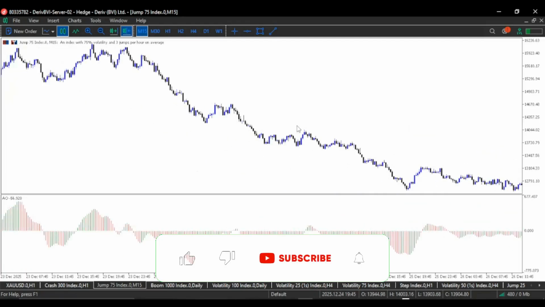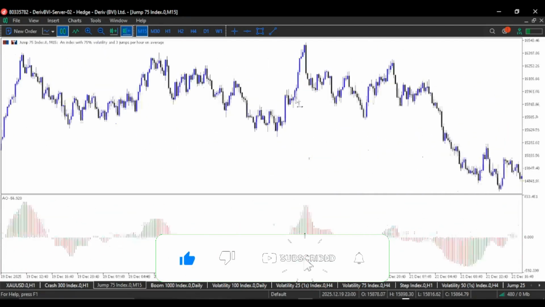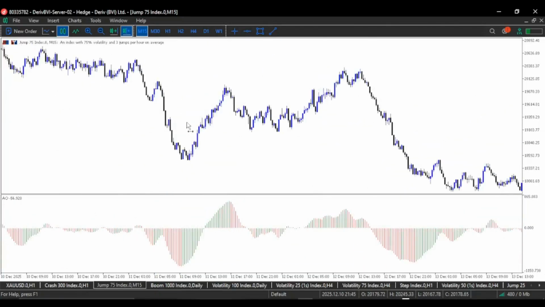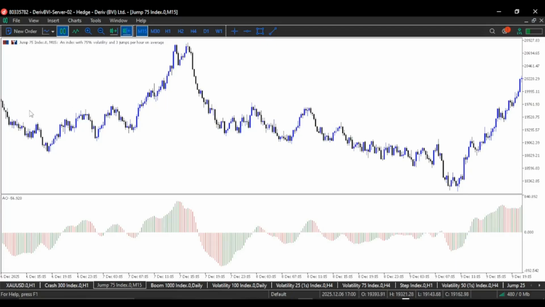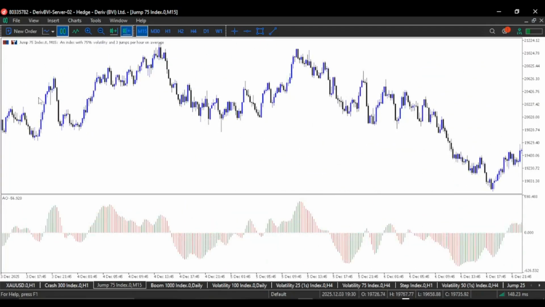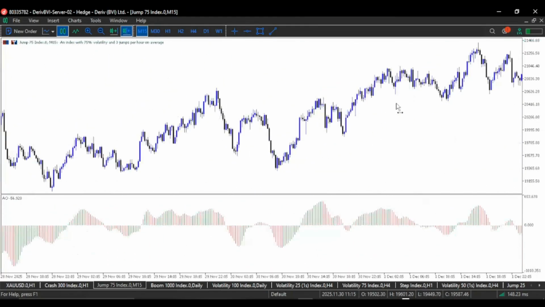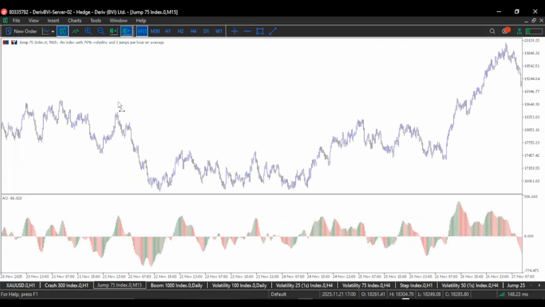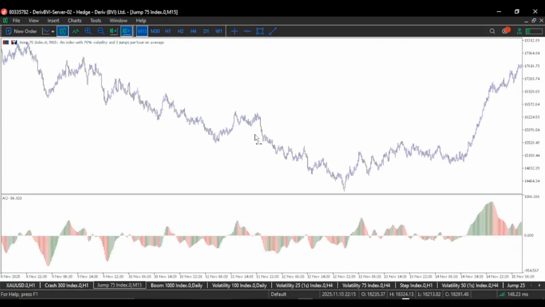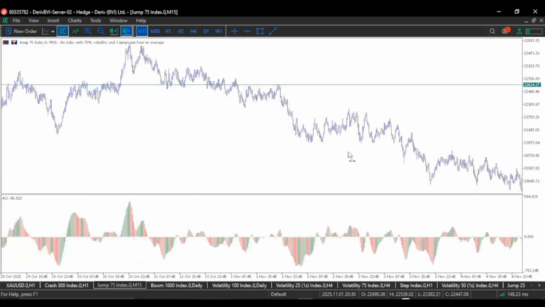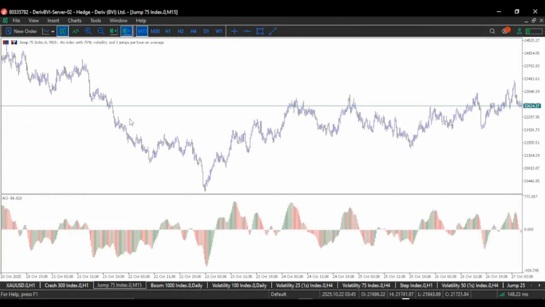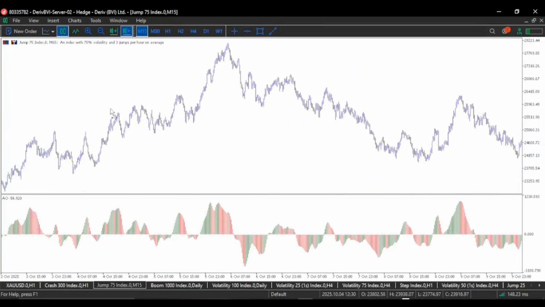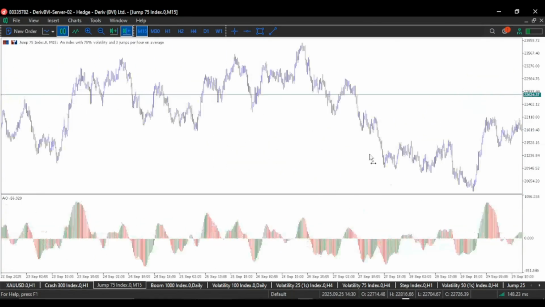Remember, what we are doing basically is we're just trying to find confluences, because we want to have as many confluences as possible when it comes to trading the strategy. We are trying to find the confluences that we can actually use as entries to cement our entry.